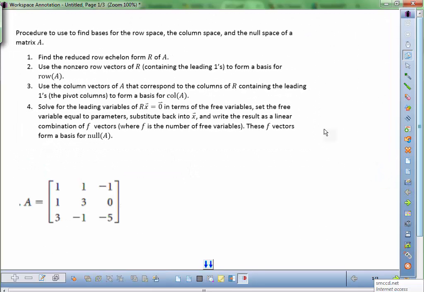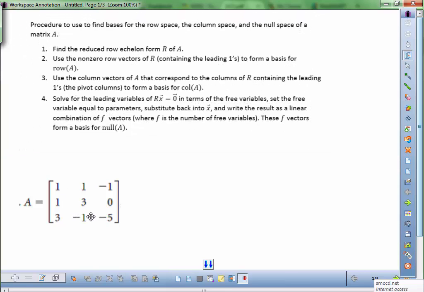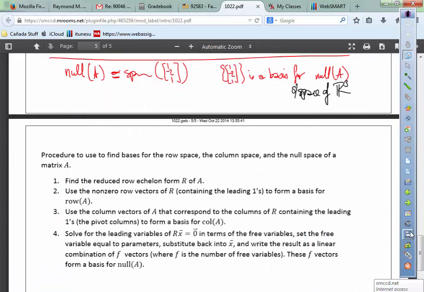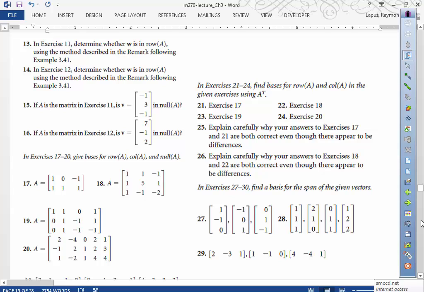And we'll use this matrix. It's a 3 by 3. Actually, I wanted a non-square matrix. Let me see if I can find a non-square matrix. Take a look at number 19, maybe.